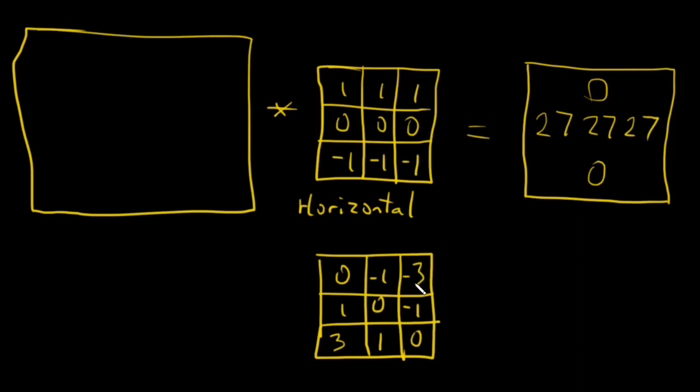Now I have a diagonal filter to detect all the diagonal features inside my pixel image. So these are just a few of the basic ones. There are many types of filters that you can use, but this is how a convolutional neural network extracts the feature information from the pixel image.